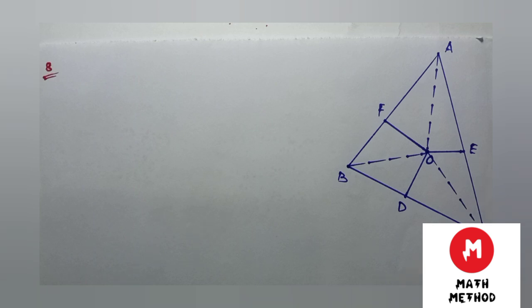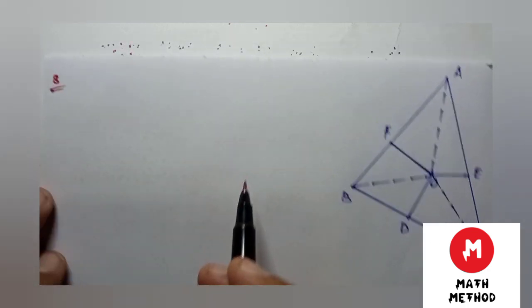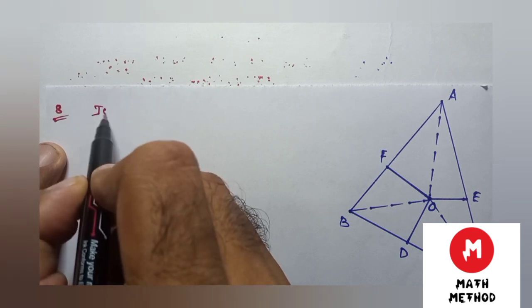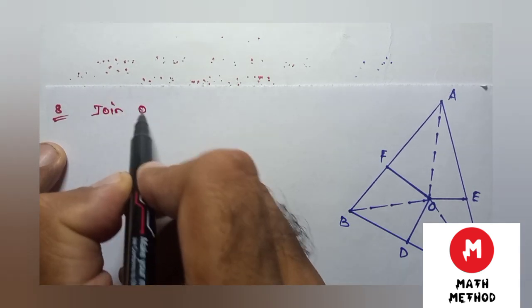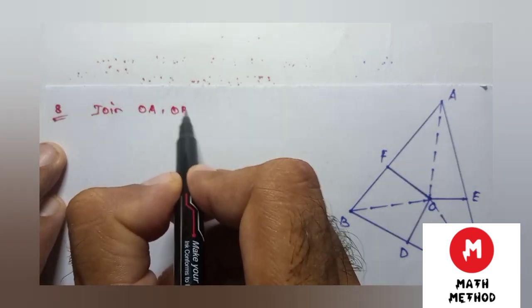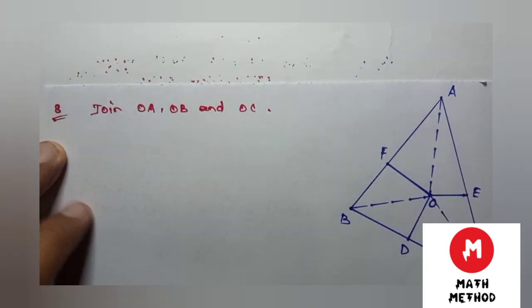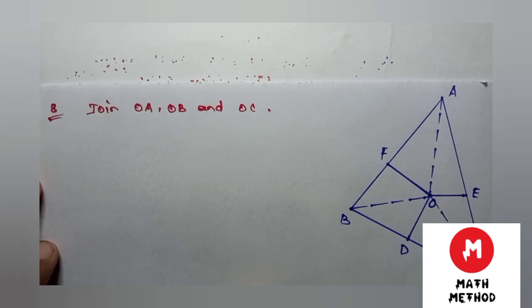Now see this figure. We have to prove part number 1 of question number 8. At first we have to join OA, OB and OC. This is for all the parts of question number 8, both 1 and 2.